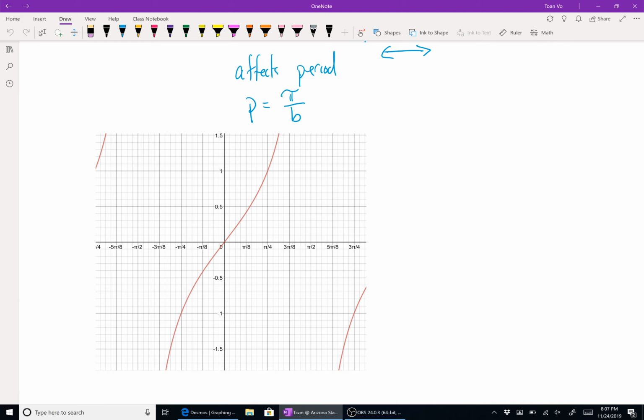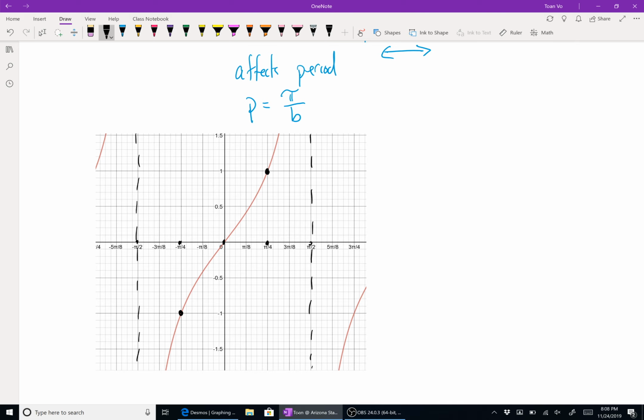So the 5 special points of the tangent function are negative pi halves, negative pi quarters, 0, pi quarters, and pi halves, because these are the vertical asymptotes. So this is one full cycle here. You notice how at these quarter points, at pi quarters, this is a very easy to read point.